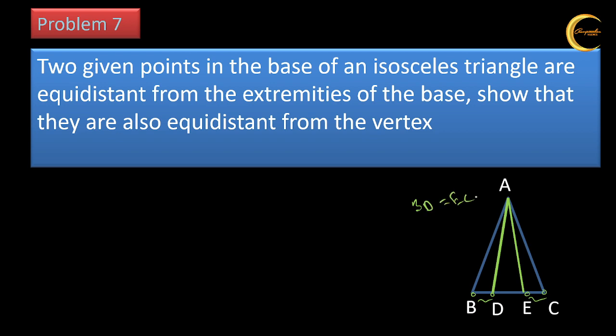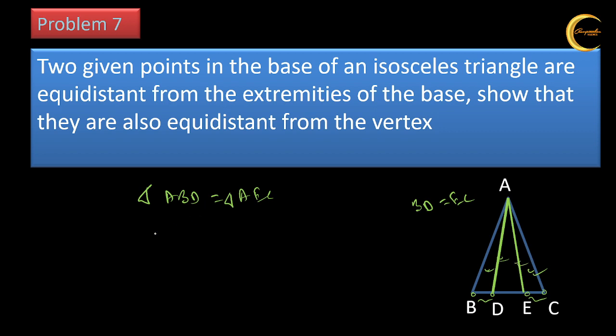So now you see here, we have to prove that triangle ABD equals triangle AEC. If we prove that these two triangles are equal, then we can easily prove that line AD equals line AE.